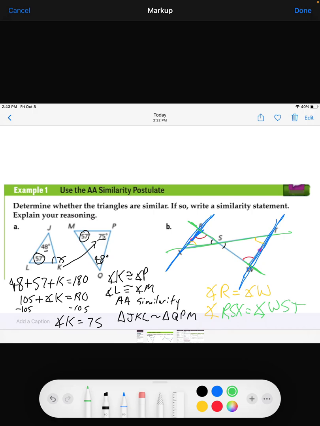So if both of those are equal, we could say that these are similar to each other, and let's write the same order. So we knew this angle S are equal in both, so we can start by putting angle S. We'll write our similarity statement. Then R is equal to W, so R and W, and then X and T are equal. So there's our similarity statement.